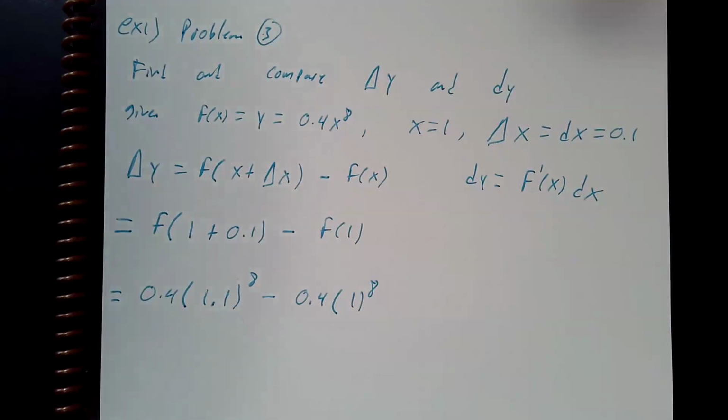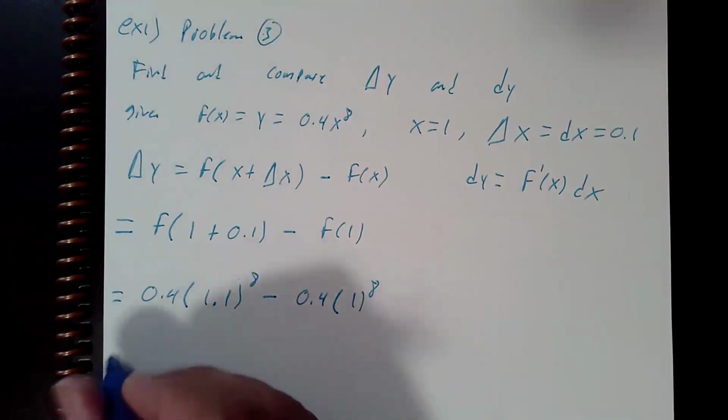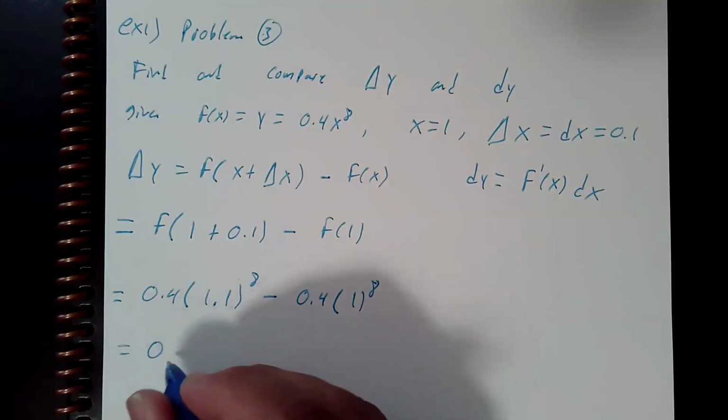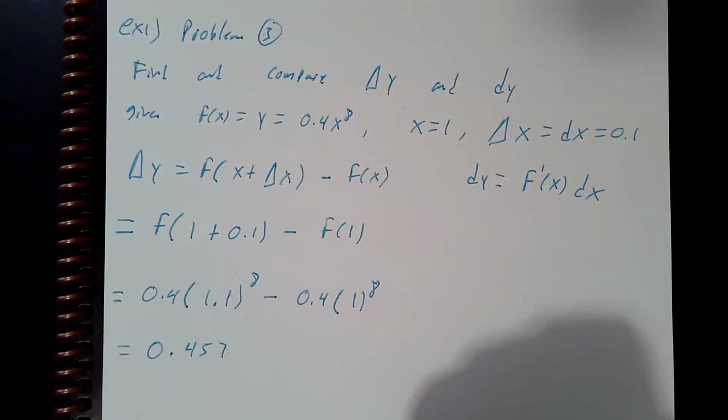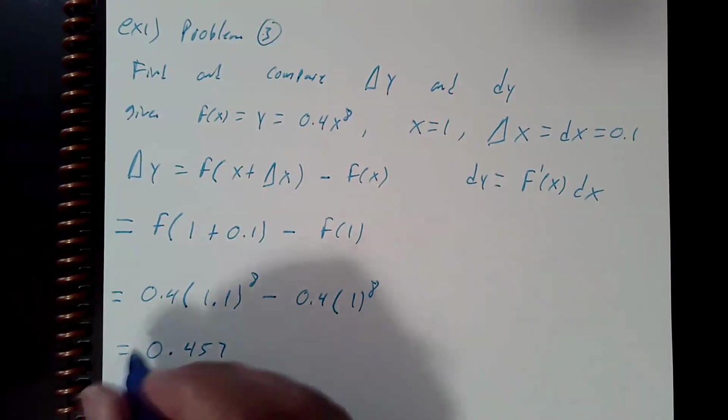So plug that into your calculator. We end up getting, that's what I got in my notes earlier, 0.457. So that's the delta y.